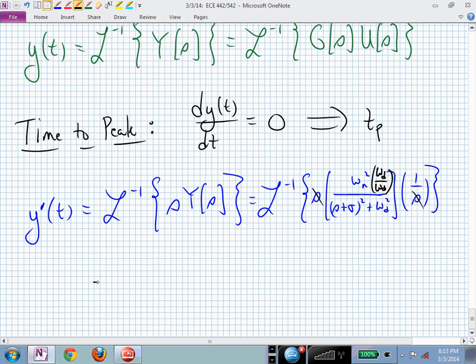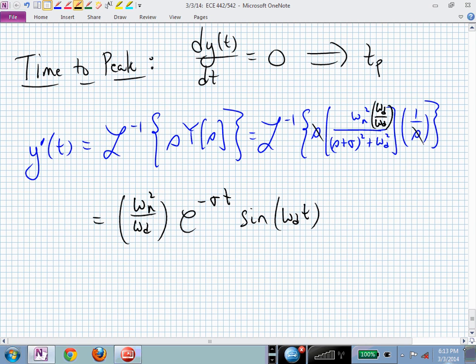Meaning, I can now write this derivative of y as this scaled version, omega sub n squared over omega sub d, and now what's left is the pure exponentially damped sine. And now I said I wanted to set that equal to 0. But I want this to give me a non-trivial answer, so I want the first time after t equals 0, when that equals 0, to give me this non-trivial time to peak.